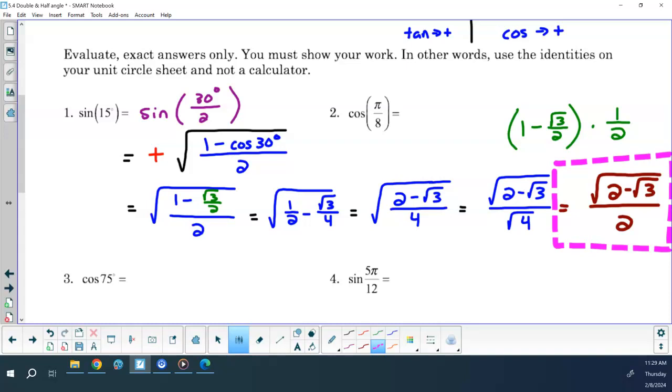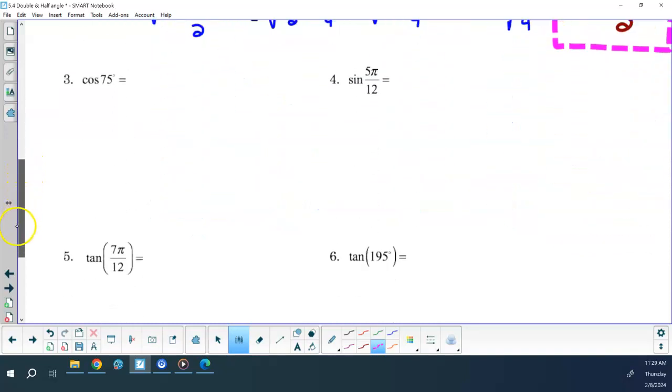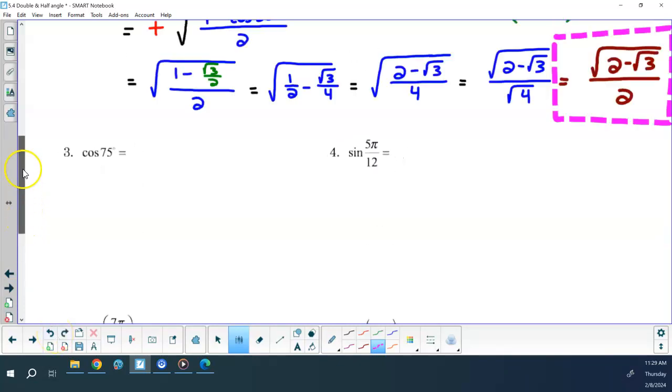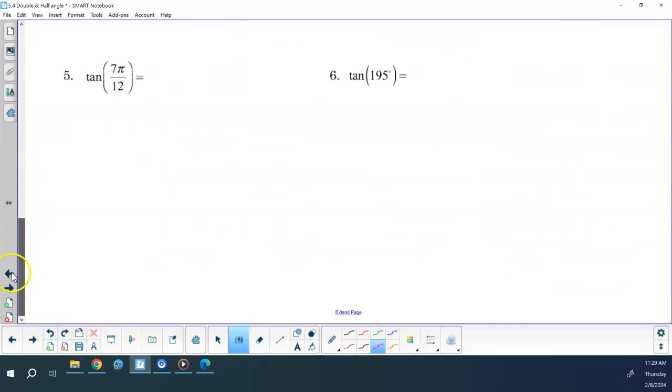Let's pick one more. Let's pick one this time with pi in it. Let's do tangent, number 5. That's a good choice. Make sure you've got them lined up. All right.